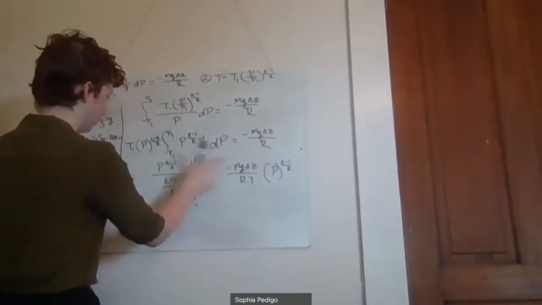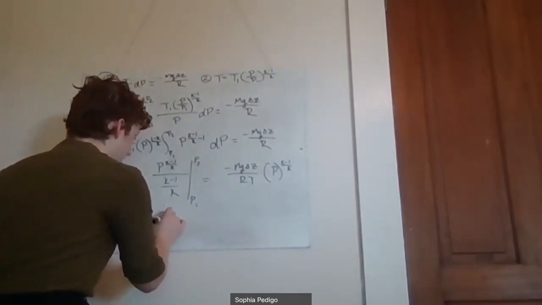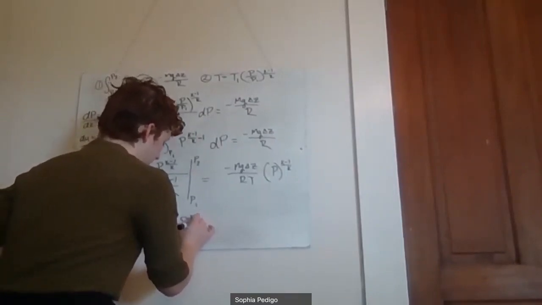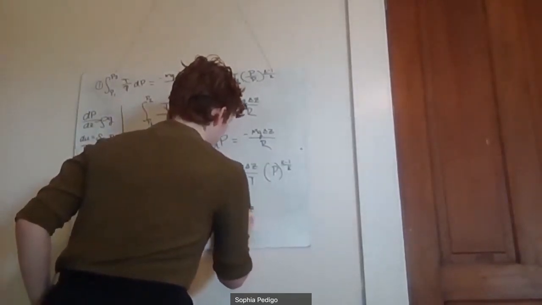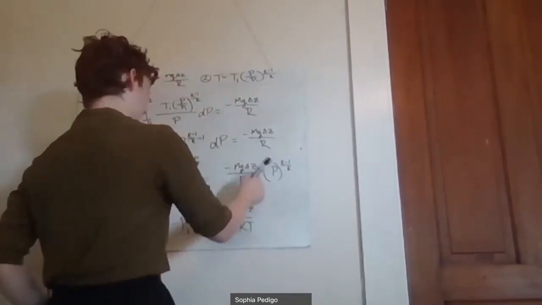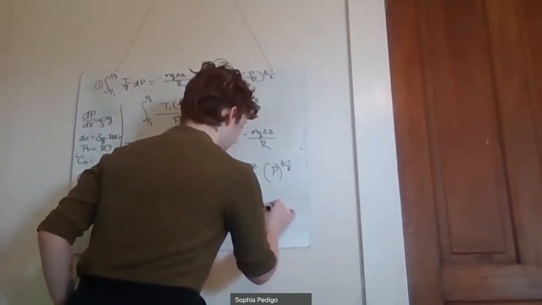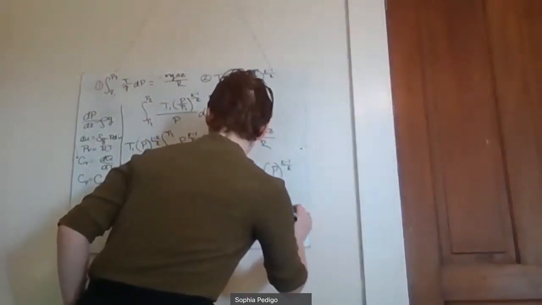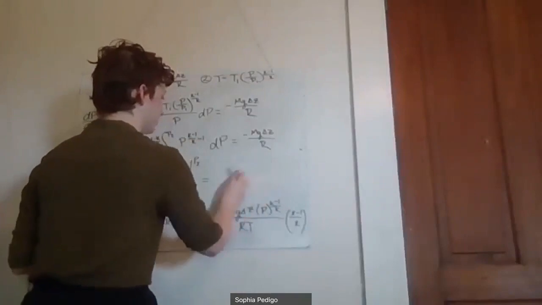So I'm going to multiply both sides by that. We'll end up with P2 to the 1 minus K over K minus P1 to the 1 minus K over K equals negative mg delta z over RT multiplied by this P to the K minus 1 over K multiplied by K minus 1 over K. Okay, I'm going to erase this stuff up here so we have more room to write.